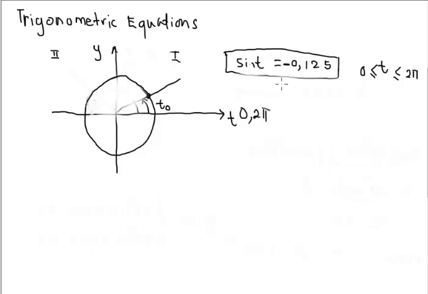Right, guys, now let's look at the situation where this ratio here is a negative ratio. Even if that is the case, I'm not going to stop using my reference angle story.